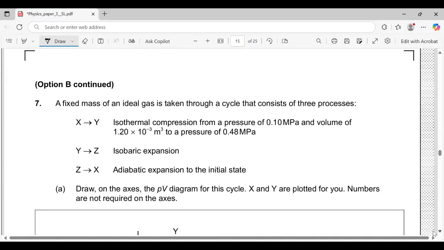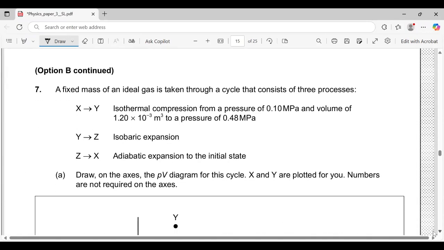Next question. A fixed mass of an ideal gas is taken through a cycle that consists of three processes. X to Y, isothermal compression from a pressure of 0.1 MPa and volume of 1.2 times 10 to the power minus 3 m cubed to a pressure of 0.48 MPa.